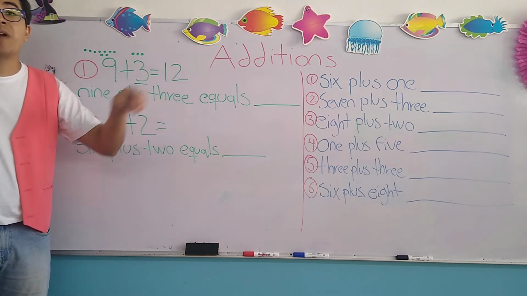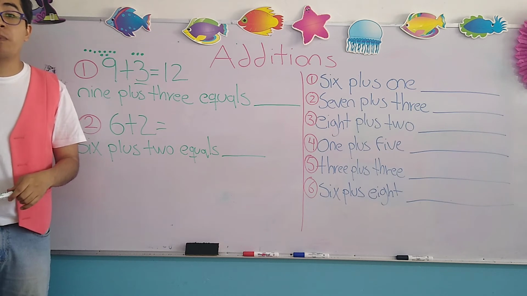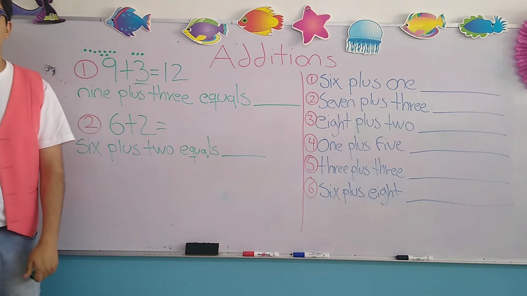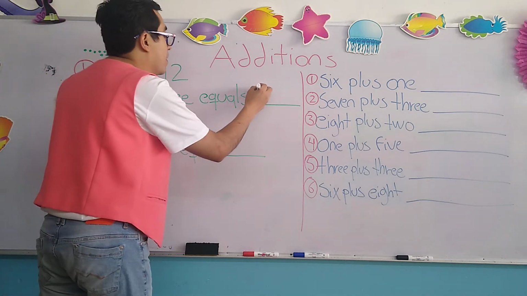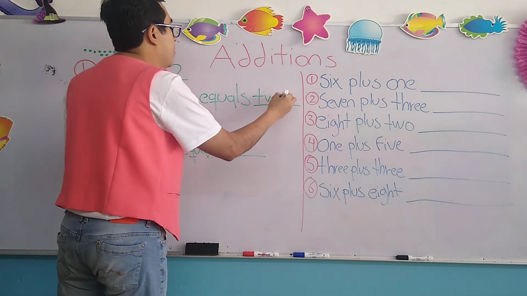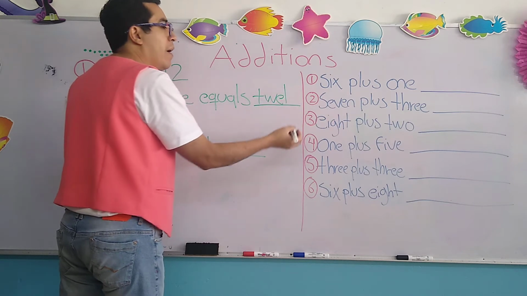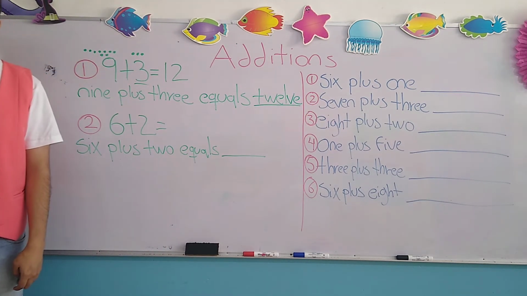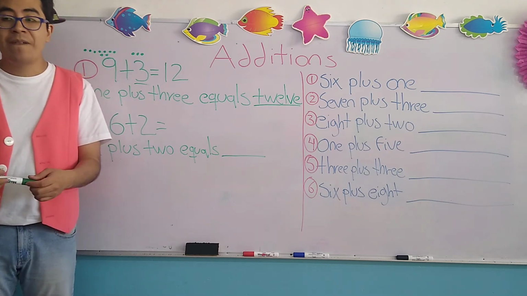Now for this, we have to write the number with letters, okay? So number 12 with letters is like this: T, W, E, L, V, E. 12, that's the result, okay? Very good.